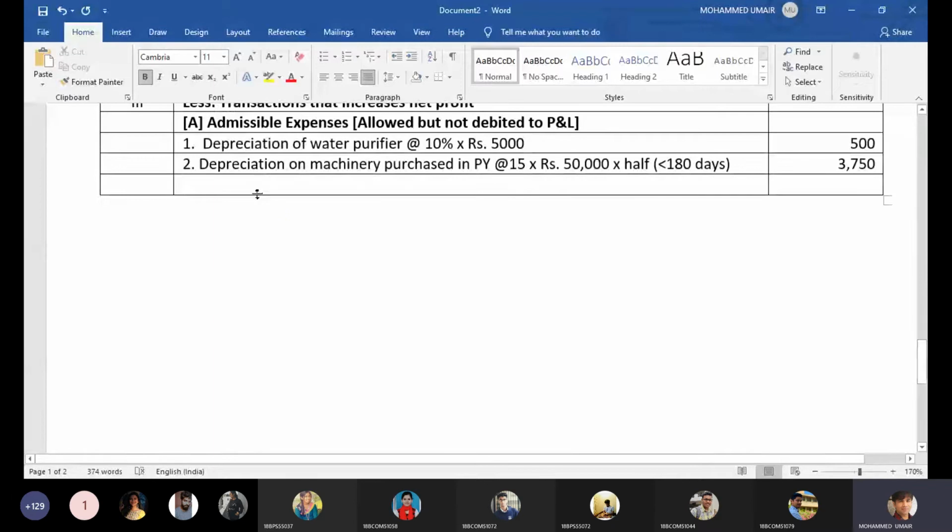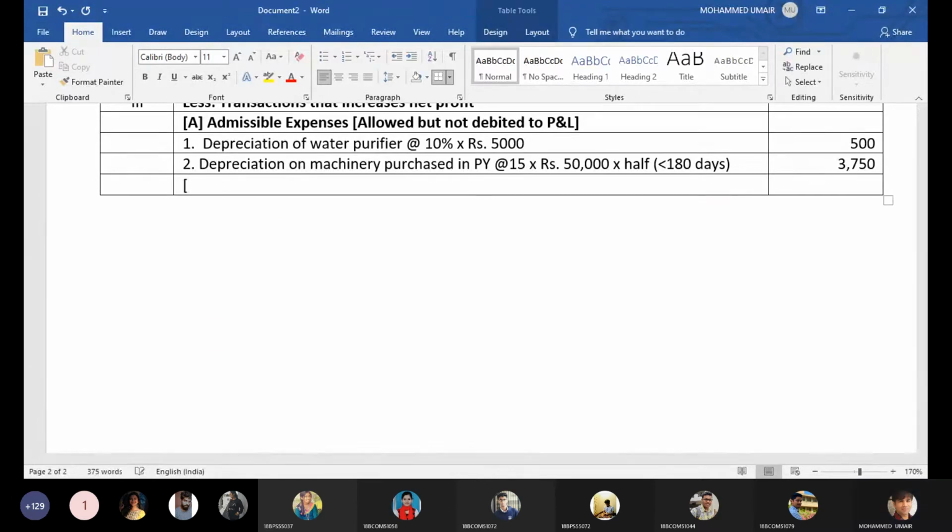So next heading, inadmissible incomes, which means these are incomes which are not related to business and not allowed by income tax department, but they are credited to P&L account. So look at the P&L account credit side and figure out what are the inadmissible incomes.